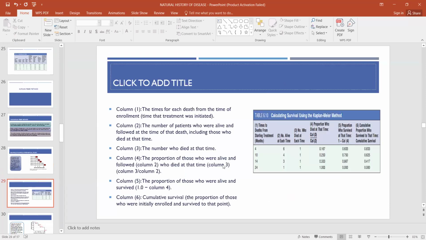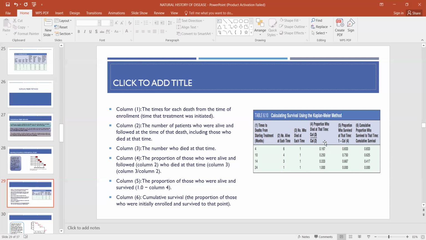Now, this is the table for calculating survival using the Kaplan-Meier method, in which column 1 is the time of each death from the time of enrollment. Column 2, the number of patients who were alive and followed at the time of their death, including those who died at that time. Column 3, the number who died at that point.